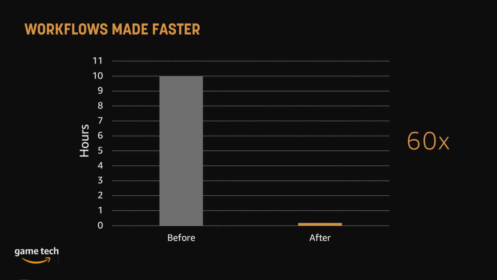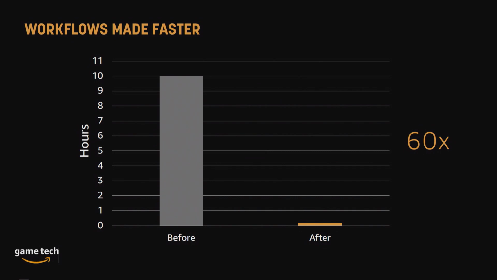So that 60x is awesome by itself, but there's a couple nuances here. First, when you're doing something compute intensive, like procedural terrain generation on a single machine, it takes that machine. You're not doing anything else on that machine for 10 hours. The terrain that I'm about to show you took about 10 hours on a single machine. So the 60x is one.